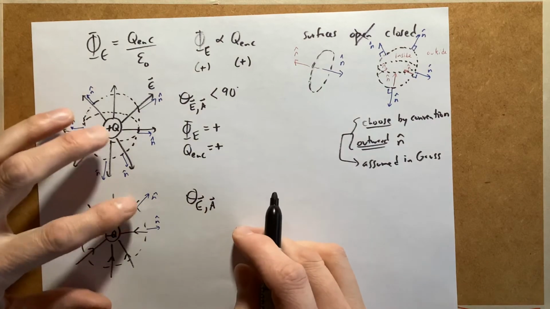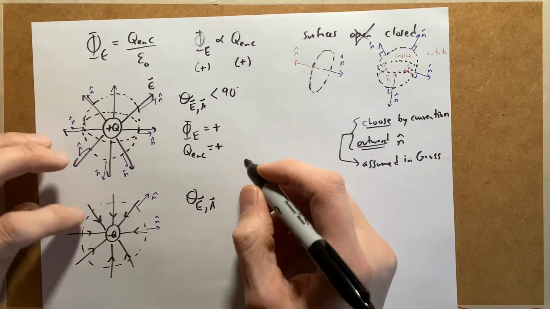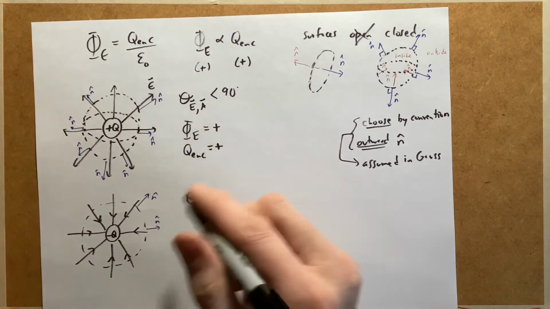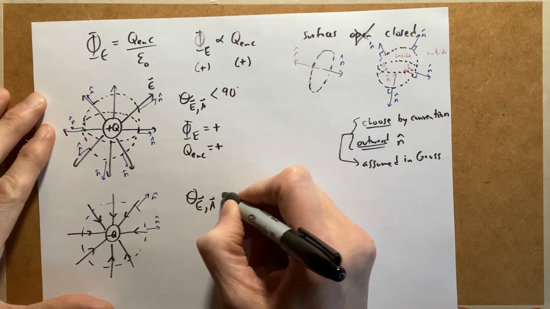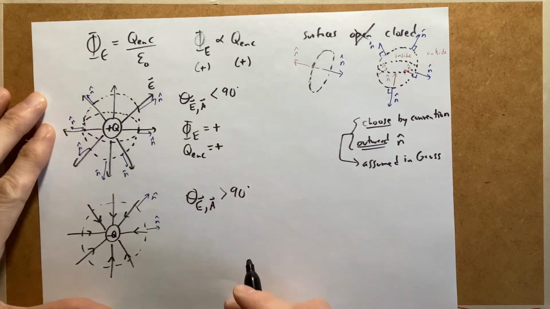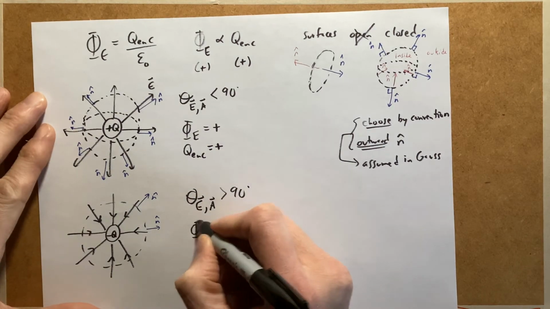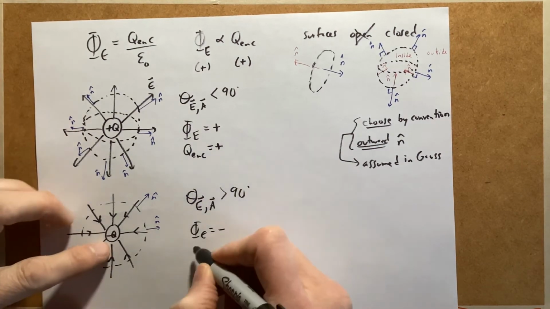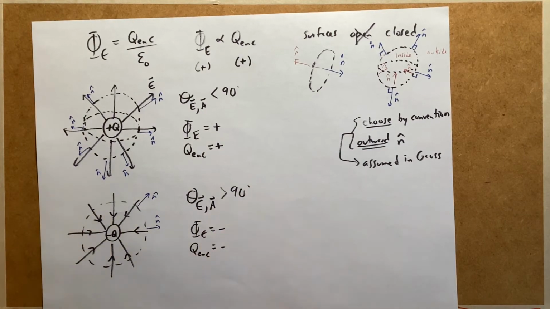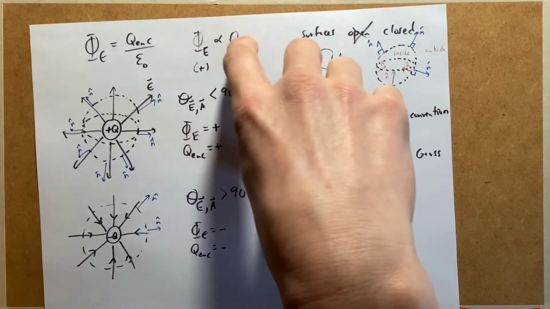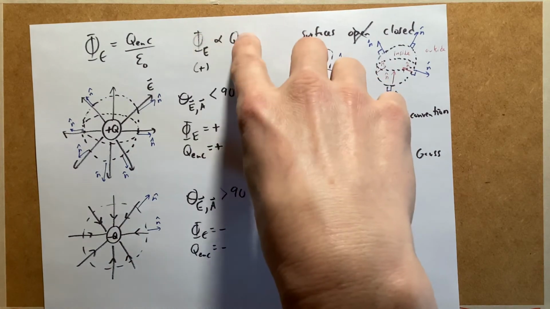In fact, almost close to 180, as I've drawn it here, somewhere between 90 and 180. And that means the flux is negative, which makes sense because the charge trapped inside is also negative. So you can see that the flux and Q enclosed, the signs always match.